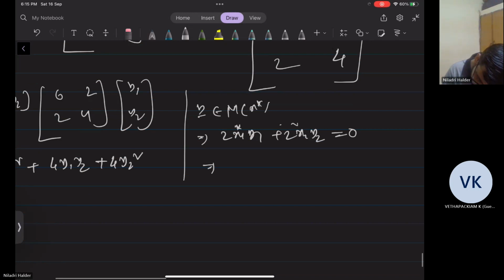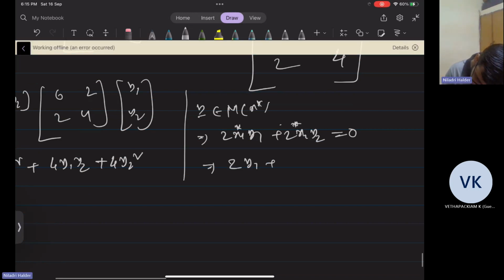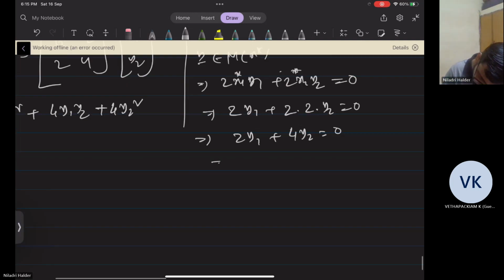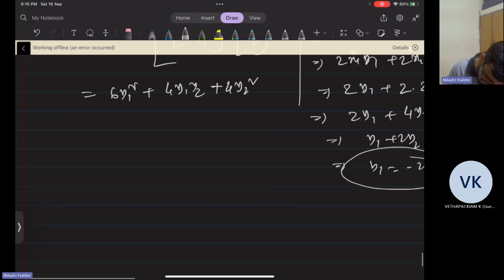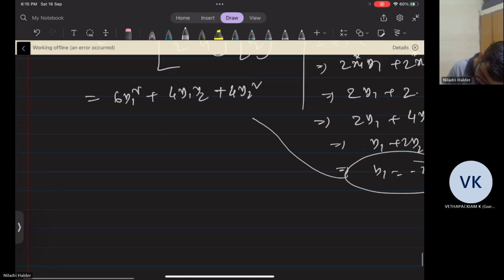So 2y1 plus 2 into 2 into y2 is equal to 0. So 2y1 plus 4y2 is 0, so y1 plus 2y2 is equal to 0, or we can write y1 equal to minus 2y2. Now let's put that here.